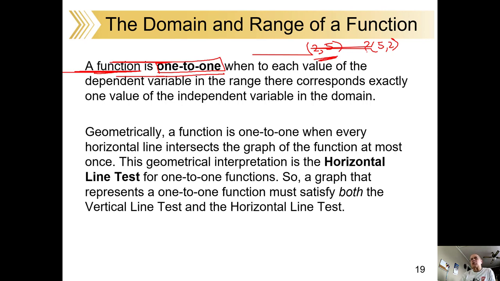To decide whether it's 1 to 1, you give it a second test, the horizontal line test. If you can slide a horizontal line top to bottom, bottom to top, and it never crosses the function more than once, you got a 1 to 1 function.